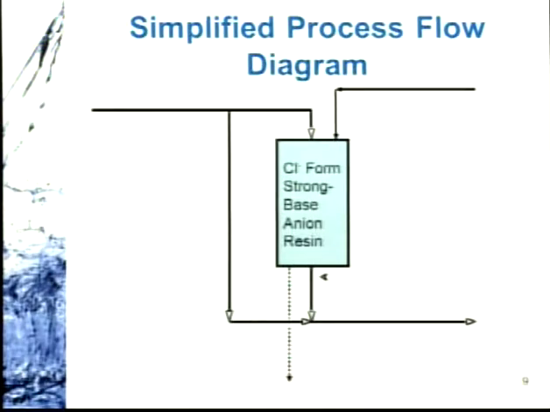So here's a simplified process flow diagram. You've got water that comes in the top of the contactor here. The resin's initially in a chloride form, and as you step forward, you take your nitrate contaminated feed water and the initial flow goes in. Sometimes you design these systems with a bypass that's not treated, so perhaps you're only treating 75% of the flow.